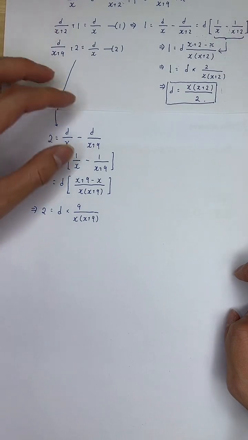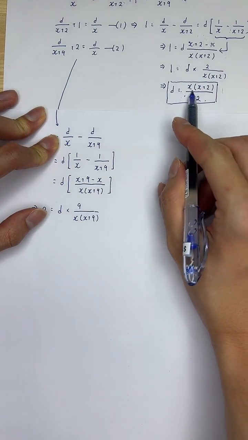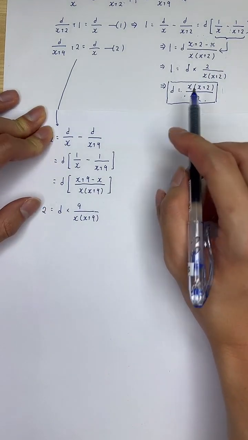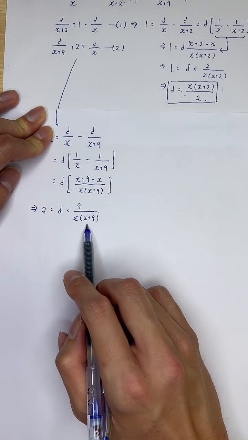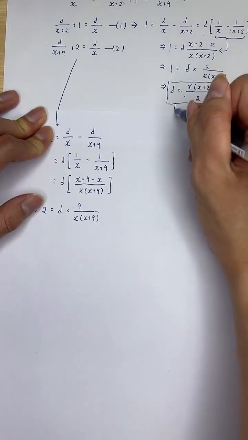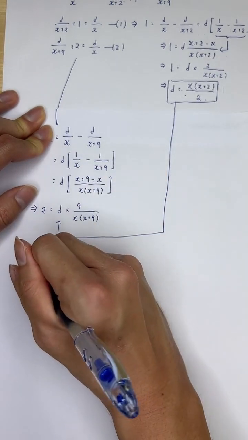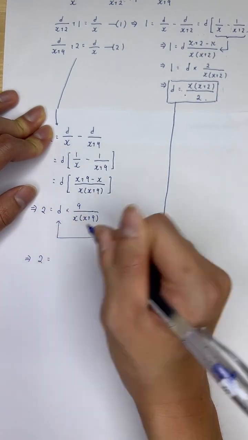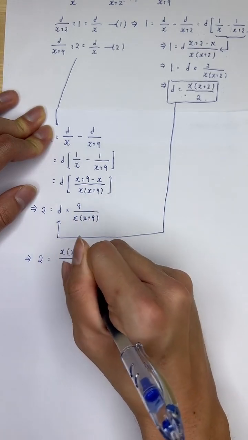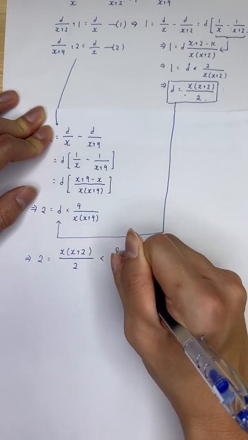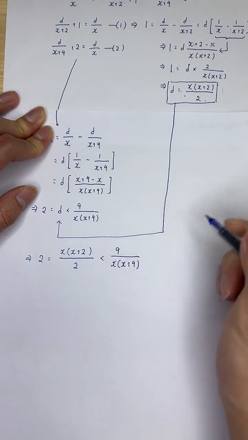Now, in this case over here, we know one very important thing: that d is equal to x times x plus 2 divided by 2. And we have 2 equal to d times 9 over x times x plus 9. So why not we actually put this inside here? Replace it. Obtain 2 is equal to x times x plus 2 over 2 times 9 over x multiplied by x plus 9.